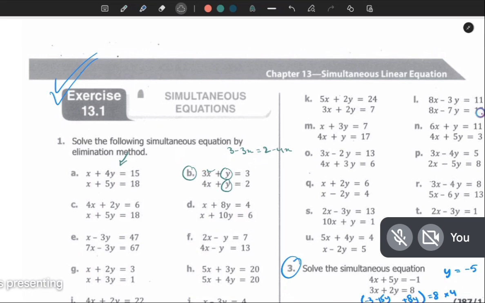Yes. करके बताओ. Will it be 3x minus 4x or 3x plus 4x?